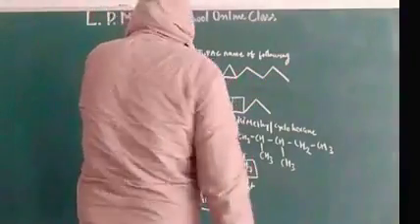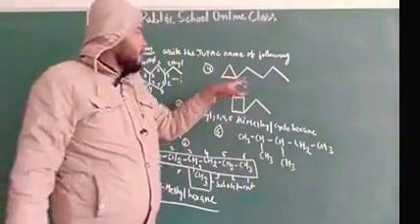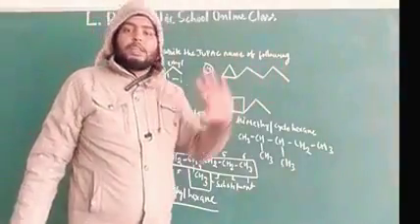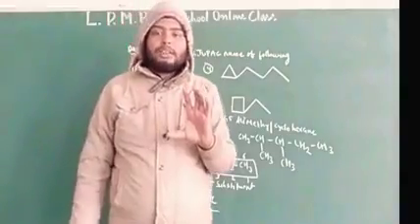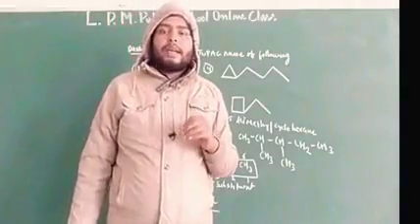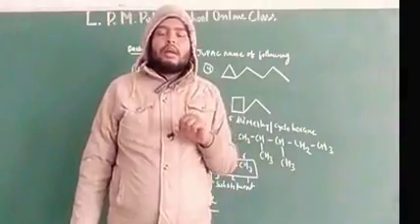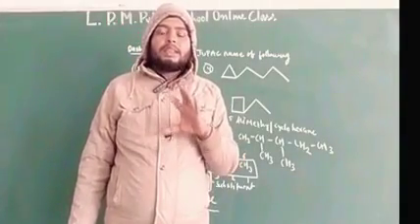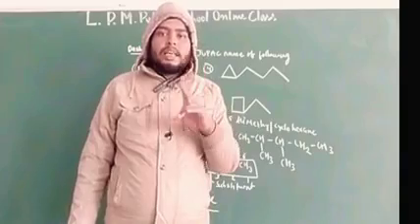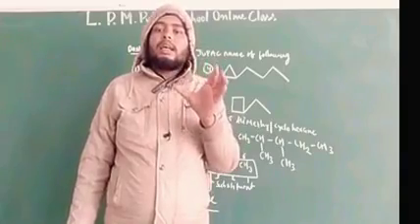In this condition, guys, the aliphatic chain becomes your parent chain, because we have to know the definition of parent chain. The meaning of parent chain is the chain containing the larger number of carbons.